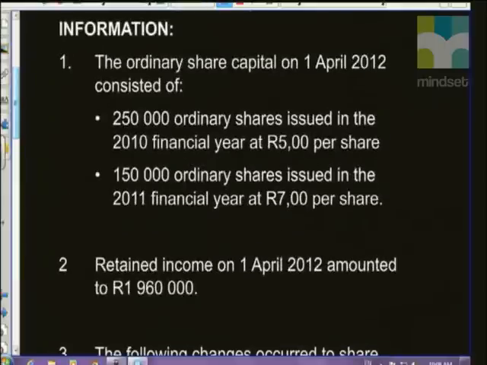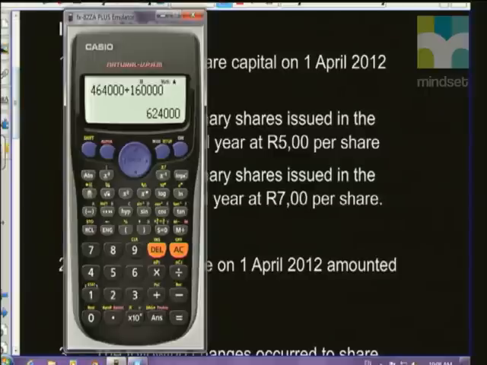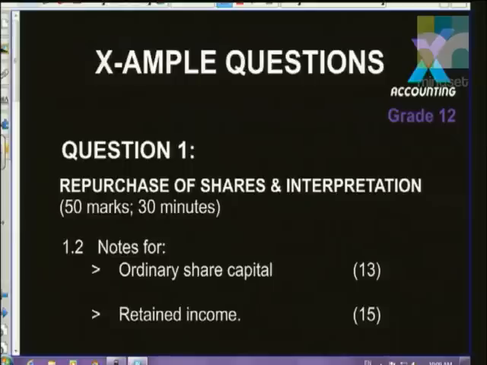Because it's 250,000 shares that were issued in the 2010 financial year at 5 Rand per share. Therefore, if we take our 250,000, multiply that by 5, will give me a value of 1,250,000.